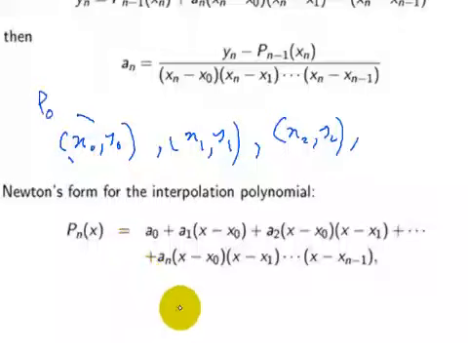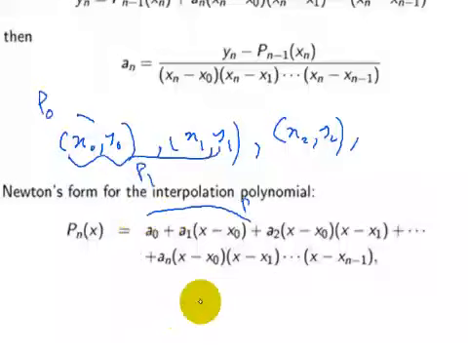From these two I can generate p1. This is my p0 and this one is my p1, polynomial p1.